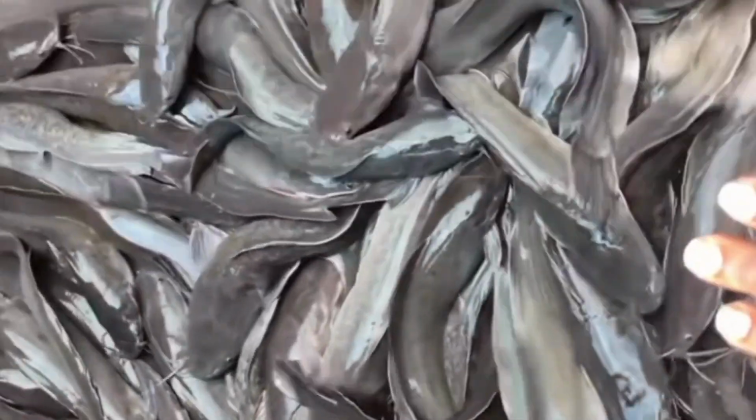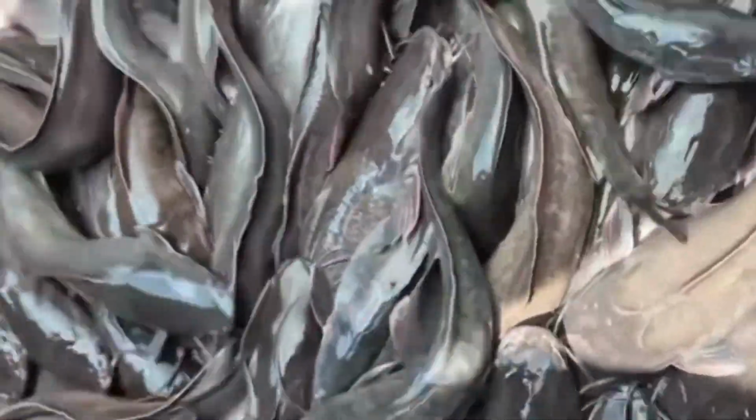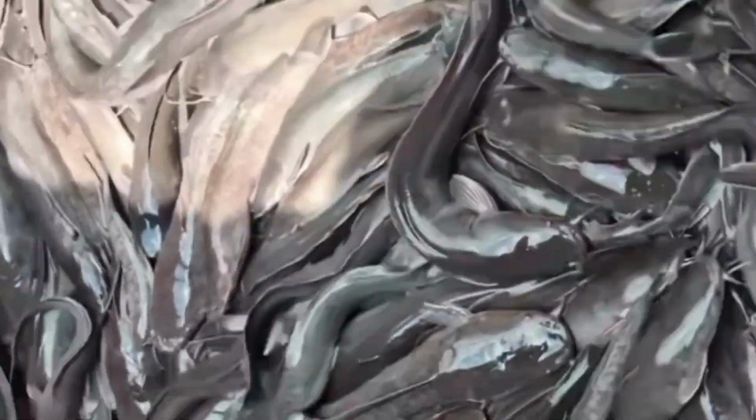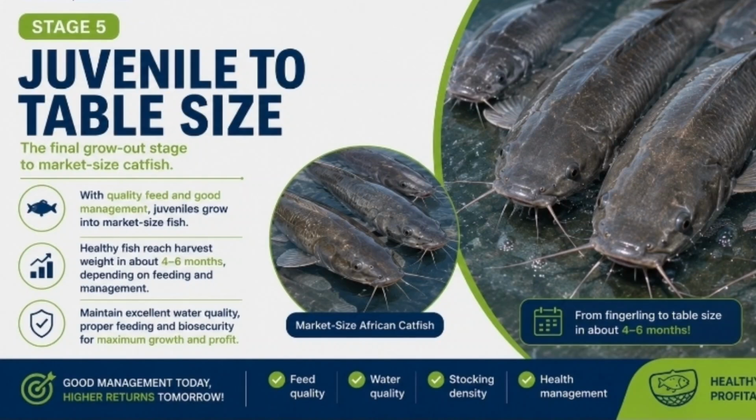So at this stage, we call these people the grow out farmers. These ones raise from fingerlings or from juvenile down to table size. So with quality feed and good management, juvenile grows into market size fish. Healthy fish reach harvest weight in about 4 to 6 months in this stage, depending on the feeding and the management.